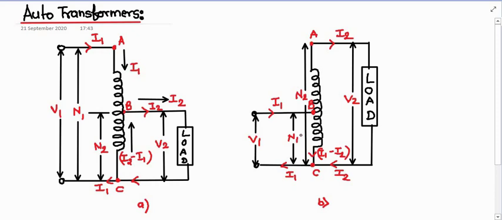The performance of the auto transformer is governed by the same fundamental considerations that I have taught you related to the two winding transformer.